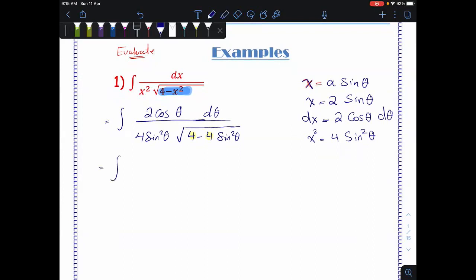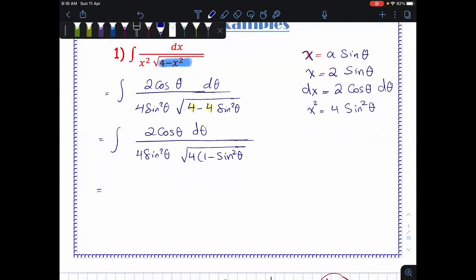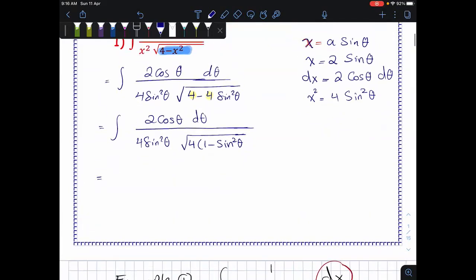So we still have 1 minus sine squared theta, and 1 minus sine squared theta is cosine squared theta. Under the root, the answer is 2 cosine theta.